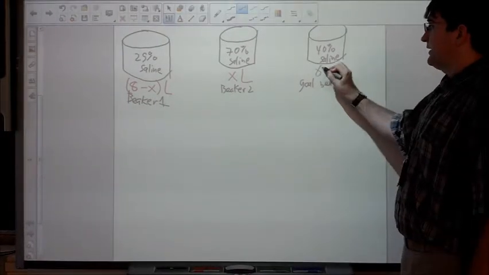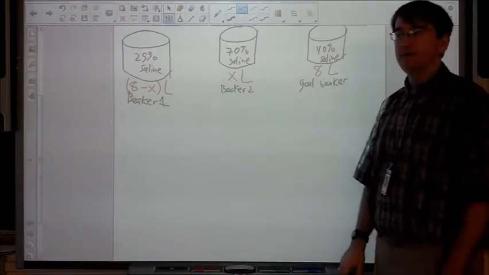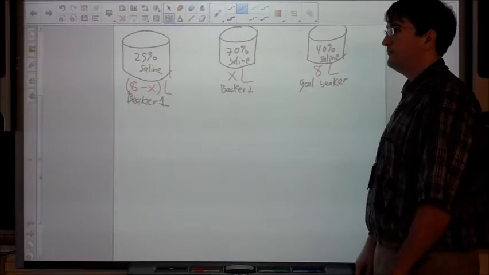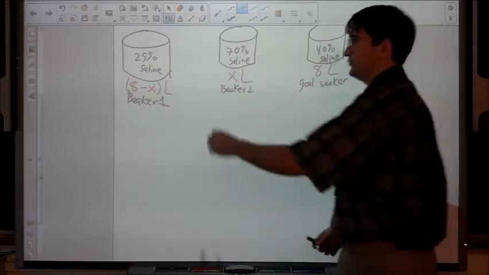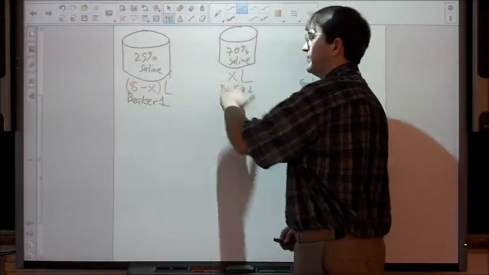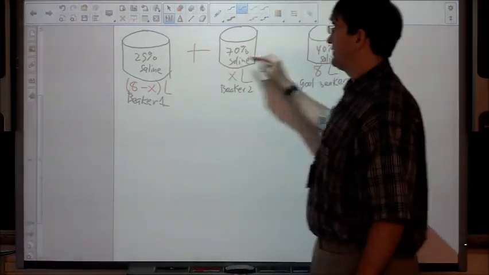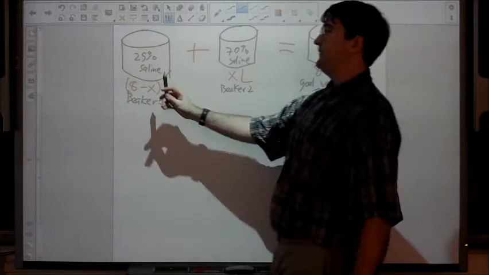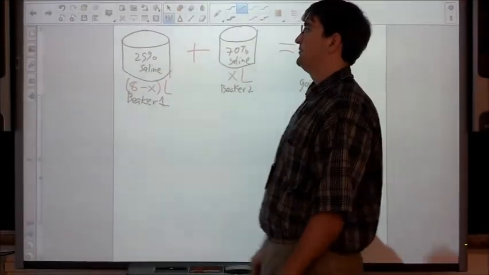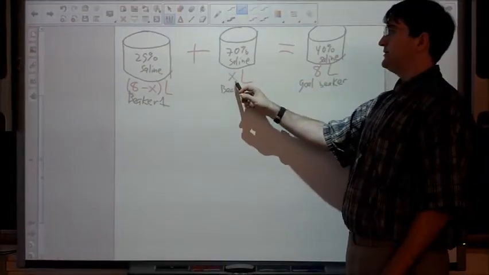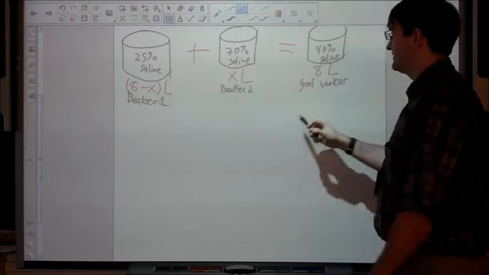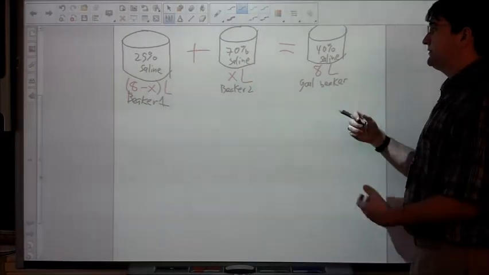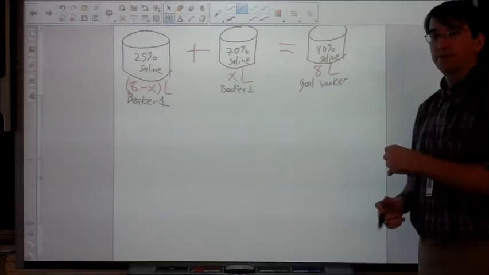Meaning, ultimately, I'm going to end with 8 liters, because whatever I pour out of here, I replace from here. So visually, I have 8 minus X liters of 25% saline that I'm adding to X liters of 70% saline to get a mixture that's 8 liters, that's 40% saline.